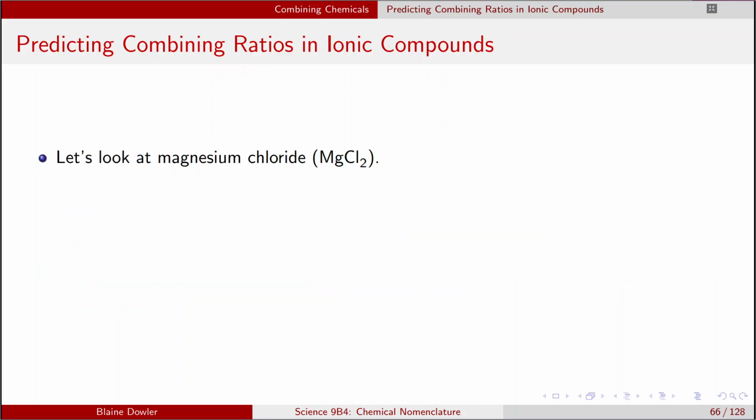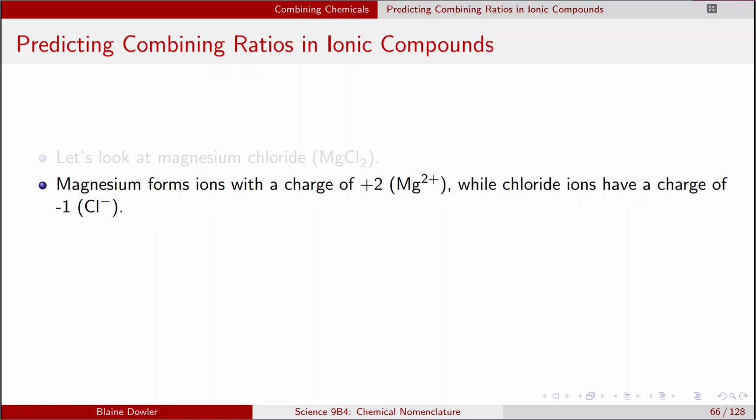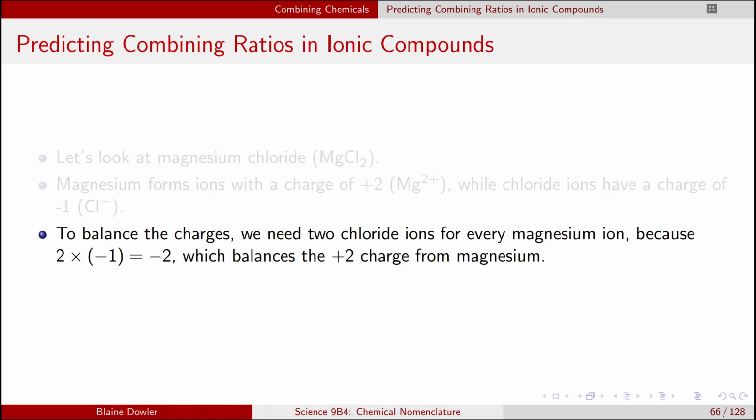Let's look at magnesium chloride, MgCl2. That 2 makes a difference. Magnesium forms ions with a charge of +2. It's Mg2+, while chloride ions have a charge of -1. That's Cl-. To balance the charges, we need 2 chloride ions for every magnesium ion, because 2 times -1 is -2, which balances the +2 charge from magnesium.